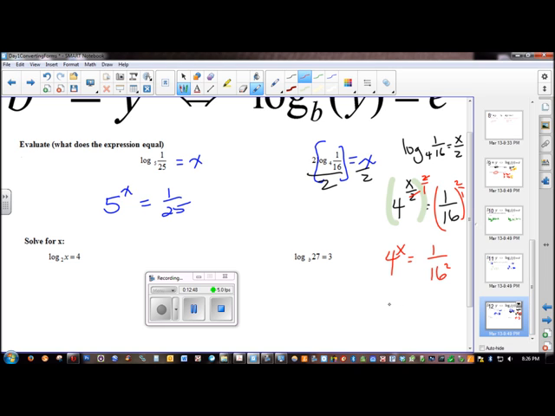Or it's going to be 4 to the x is equal to 16 to the minus 2, just using your negative exponents, which is going to be 4 to the x is equal to, I'm going to replace a 16 with a 4 squared. Let's try that again. 4 squared, and the minus 2 is still outside of the exponent there. Now I've got same base. I can set those exponents equal. That's going to tell me that x is equal to -4.